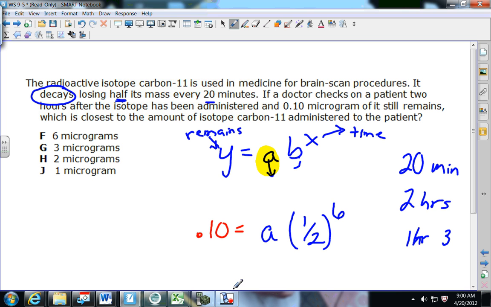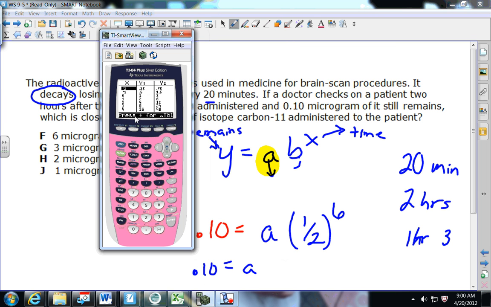Now, what do we do here? Okay, so we have 0.10 equals A times, would you please put in your calculator 1/2 caret 6? What is that? Let's see here. We have 1/2, oh, I forgot my parentheses. 1 divide 2 caret 6.